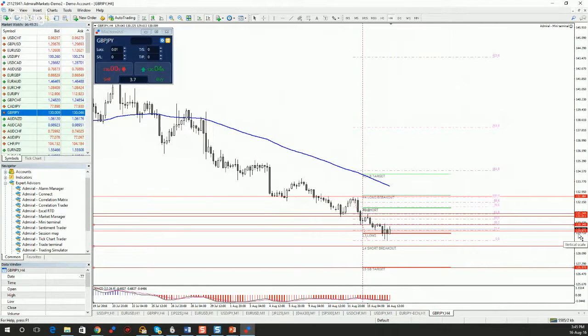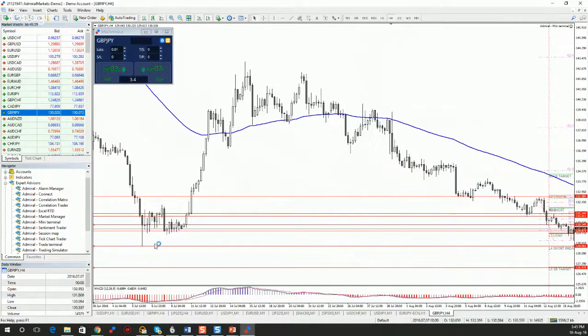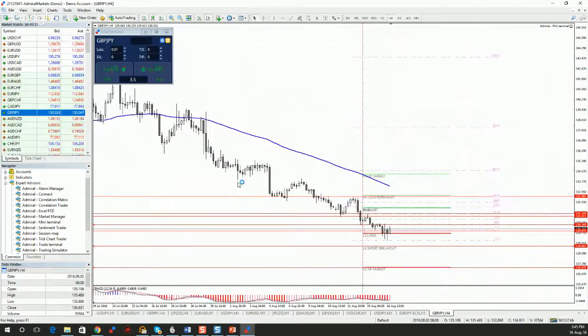This was a historical buying spot, and that means that equities are up because pound yen is heavily related to equities. Now we will see what will happen. If we see a sell in equities, that will give further momentum to pound yen.